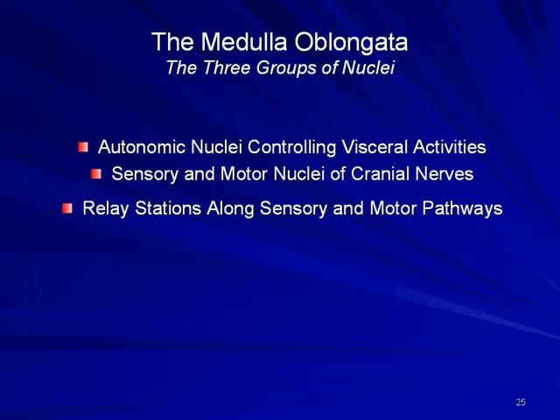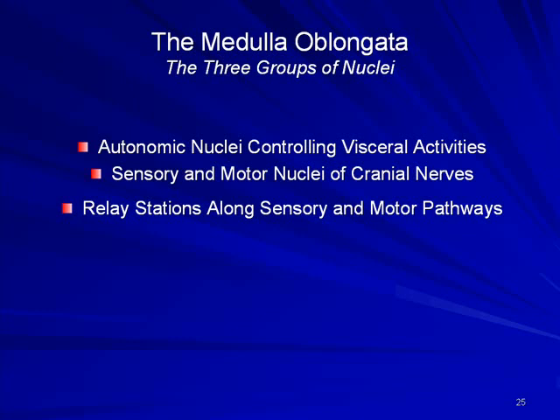Now, there are three major groups of nuclei there. There's the autonomic nuclei, which control visceral activities like the gut, the GI activity. Sensory and motor nuclei of the cranial nerves give instructions. Remember, the cranial nerves primarily affect the facial features, muscles of facial expression, muscles of mastication, auditory muscles, visual muscles mainly.